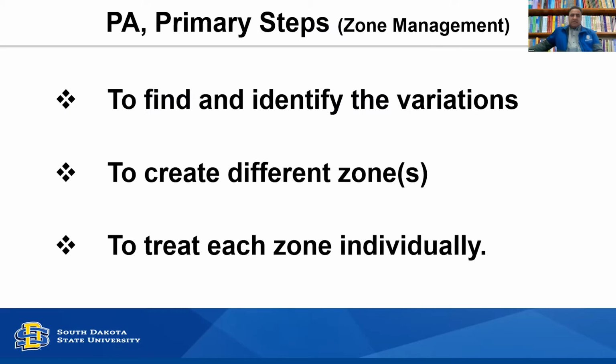The primary steps to get to precision agriculture practice are first to find and identify the variations, second, create different zones, and finally, third, to treat each zone individually.